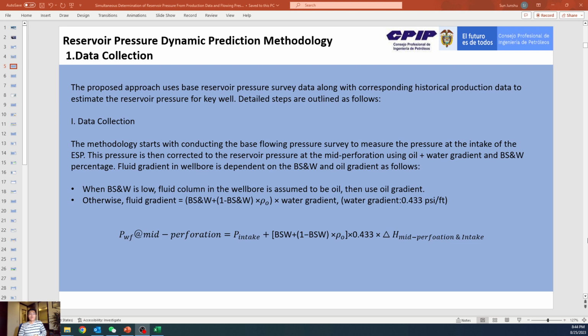The equation is as follows. Flowing pressure at the middle perforation equals intake pressure plus the fluid gradient, based on BSW, times the height between mid perforation and intake sensor.